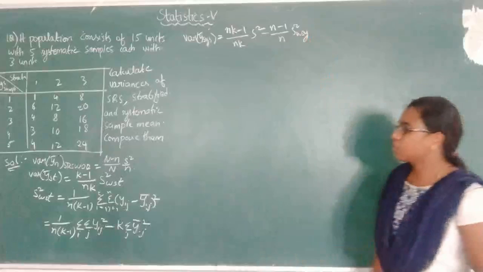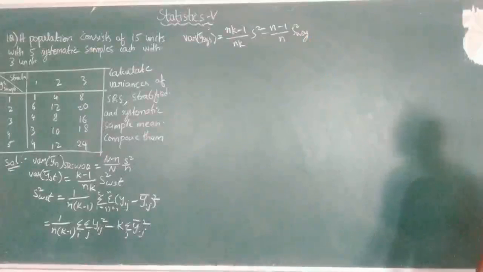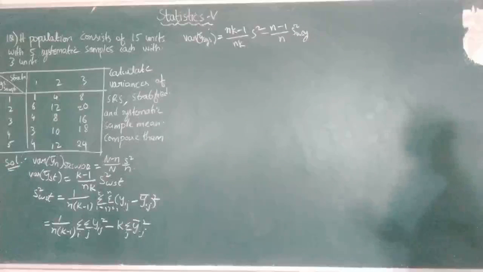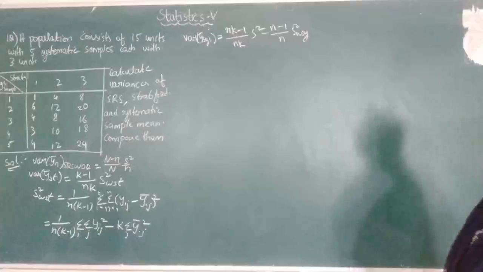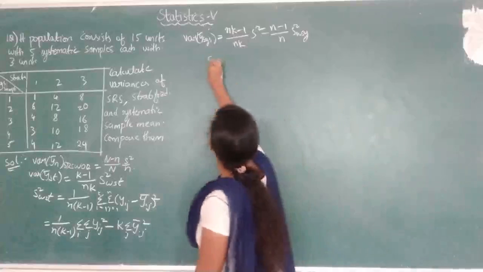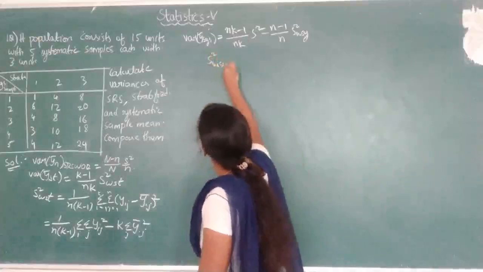This S square w sy we have used in our theorem also. S square w sy is the population mean square between the units within the same sample.